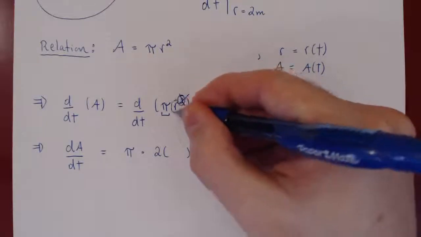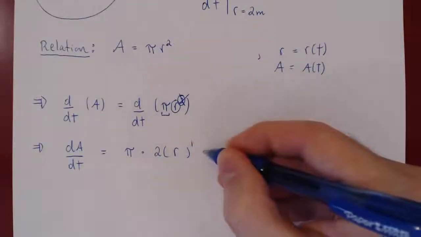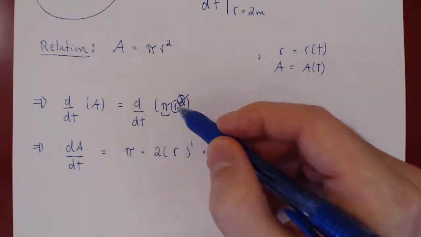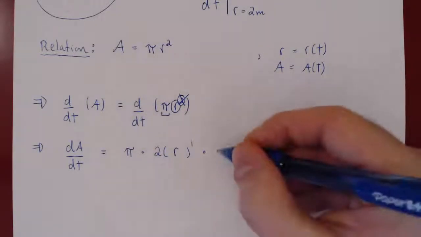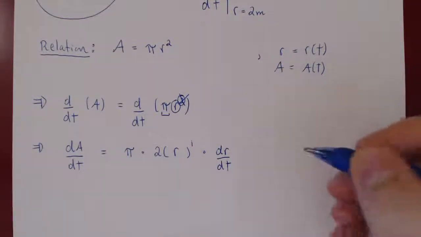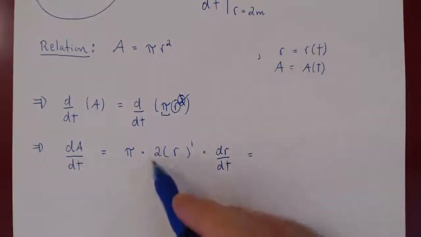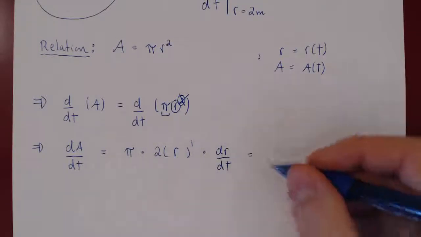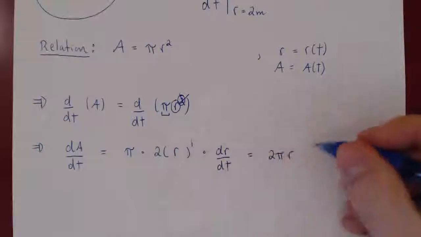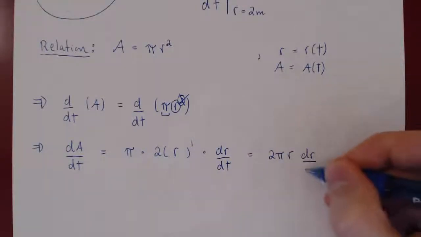Of what? Of r. But now there's an r left over, times the derivative of r with respect to t, and that's just dr over dt. So what we have in the end will be 2 pi r times dr over dt.